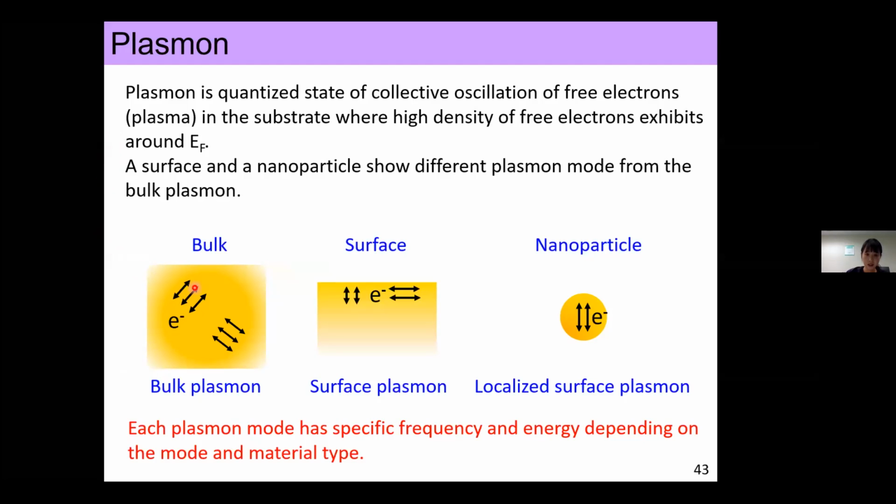A bulk, a surface, and a nanoparticle show different plasmon modes. We call them bulk plasmon, surface plasmon, and localized surface plasmon. Each plasmon mode has a specific frequency and energy depending on the mode and the material type.